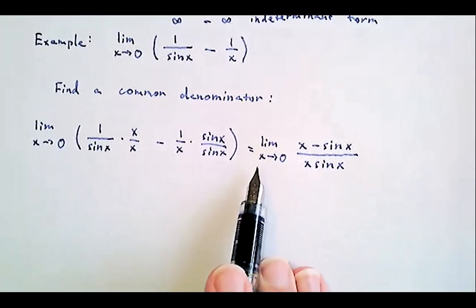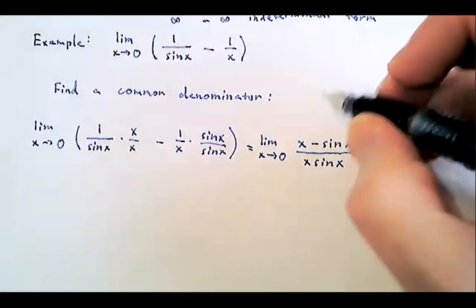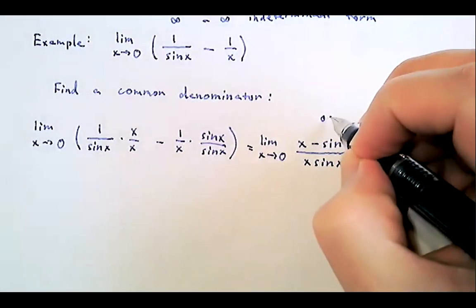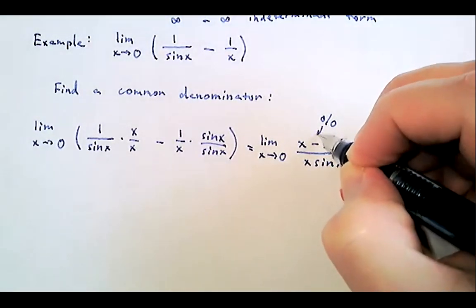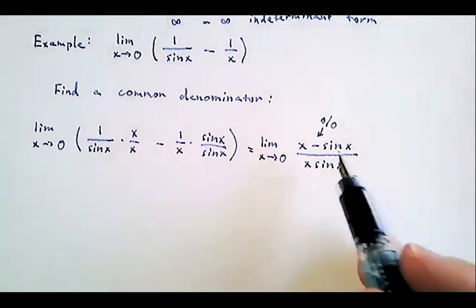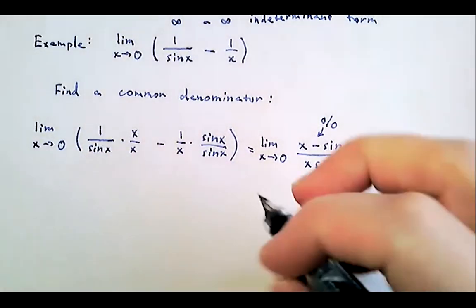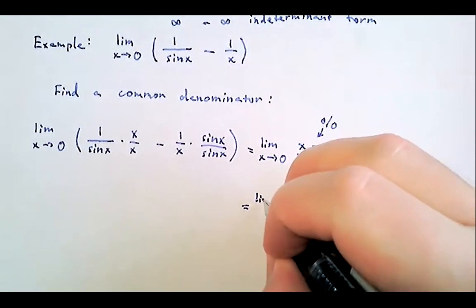Now, think about what would happen if you plugged in 0. You would get a 0 on the top, and then you would get a 0 times 0 in the denominator. So this is a 0 over 0 indeterminate form instead of the infinity minus infinity that we started with. That means we can actually use L'Hopital's rule now.